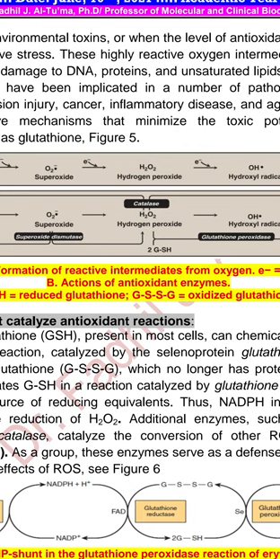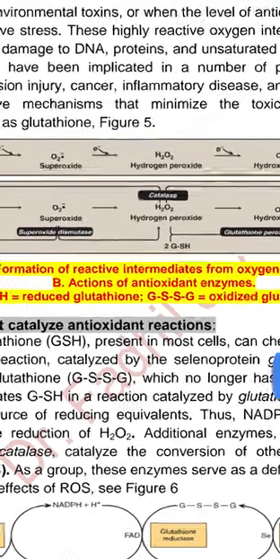Then, to prevent the generation, or when these species are produced, the antioxidant acts to scavenge, يعني يصطاد، يعني يزيل تأثيرها, to scavenge the effect of these reactive species of oxygen or nitrogen products.